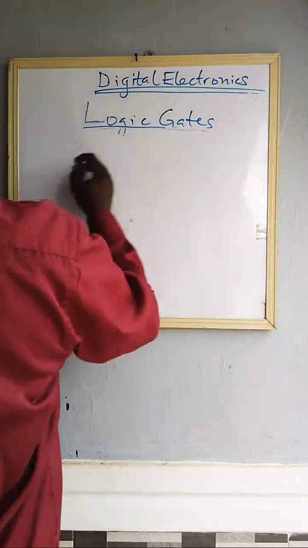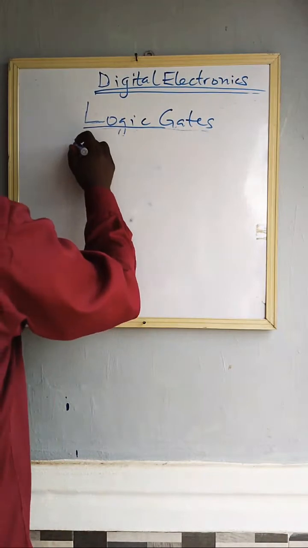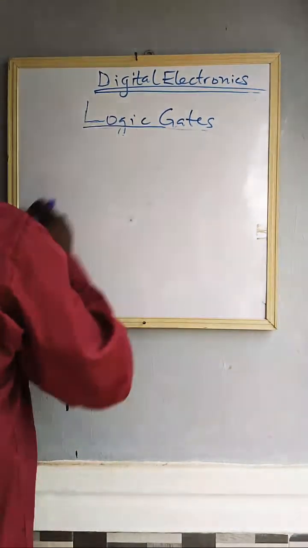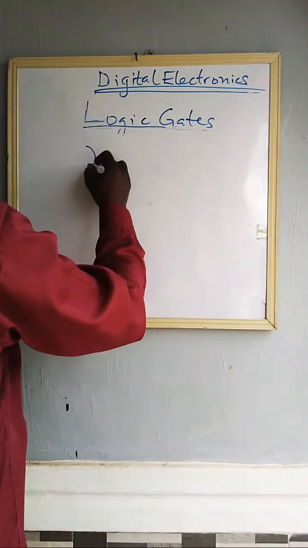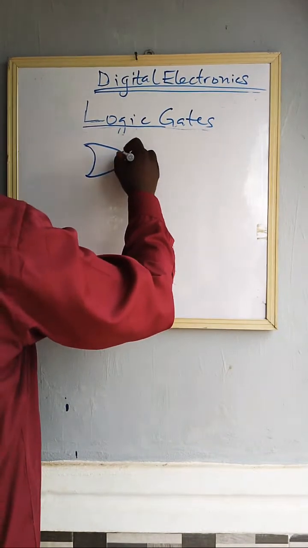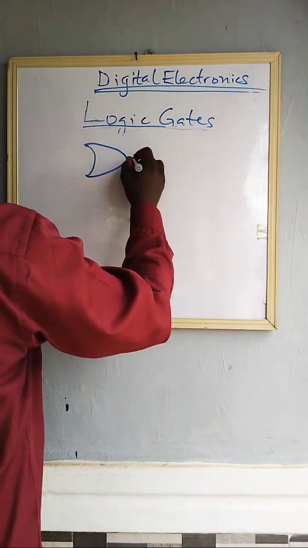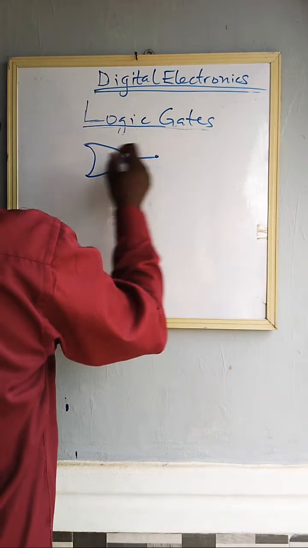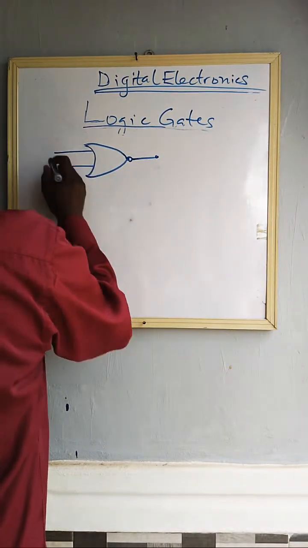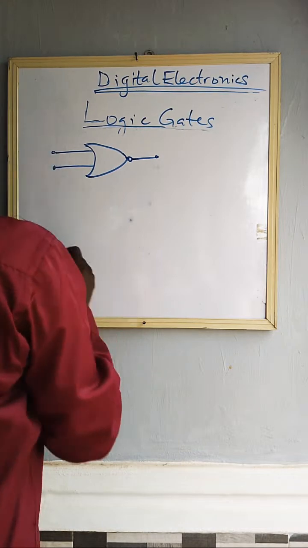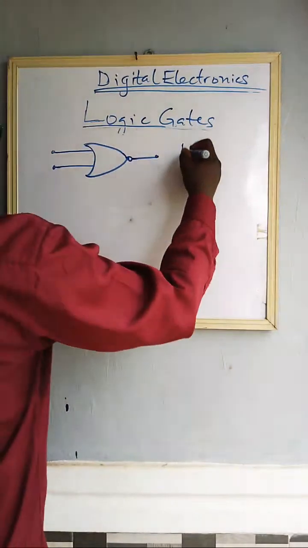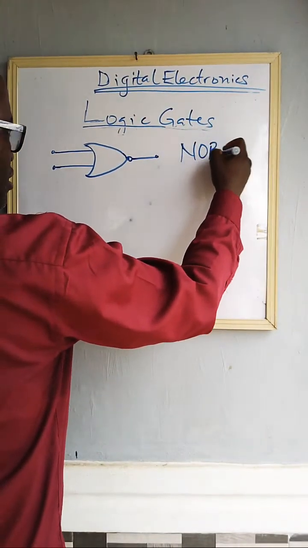The NOR gate looks like the OR gate, but has a bubble at the output. A bubble, that is the 0 at the output here. So this is a 2-input NOR gate.